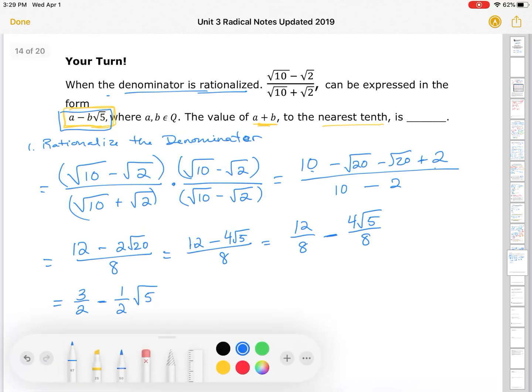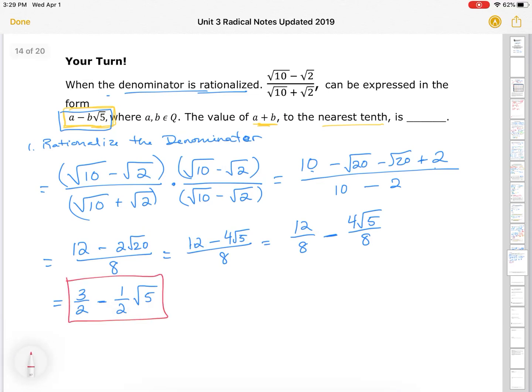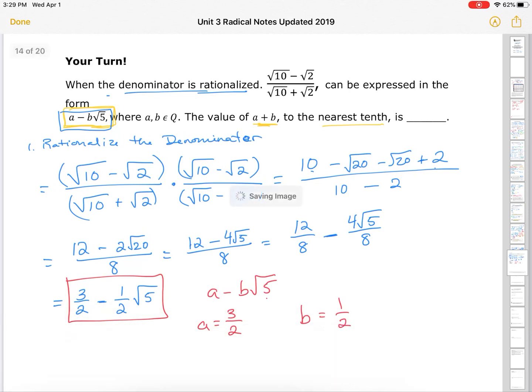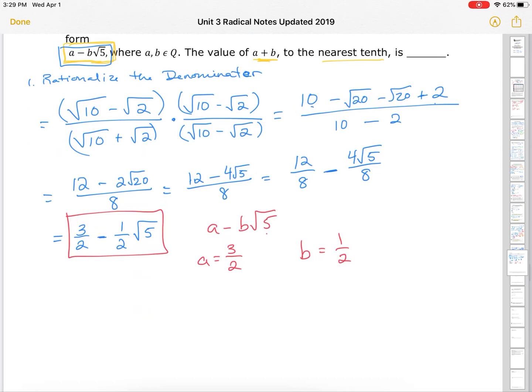And 4 divided by 8 is equal to 1/2 root 5. So if I think about this expression, a minus b root 5, well, I've got my 5, so I'm right there. That means that a is equal to 3/2 and b is equal to 1/2.